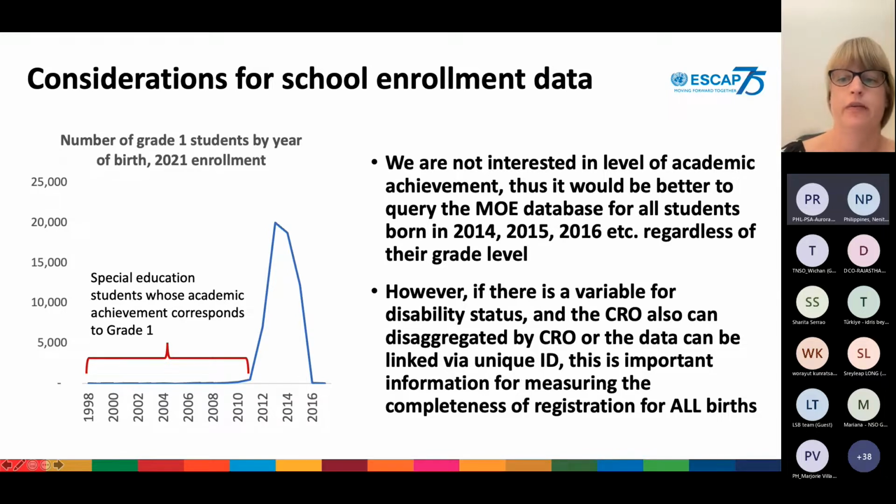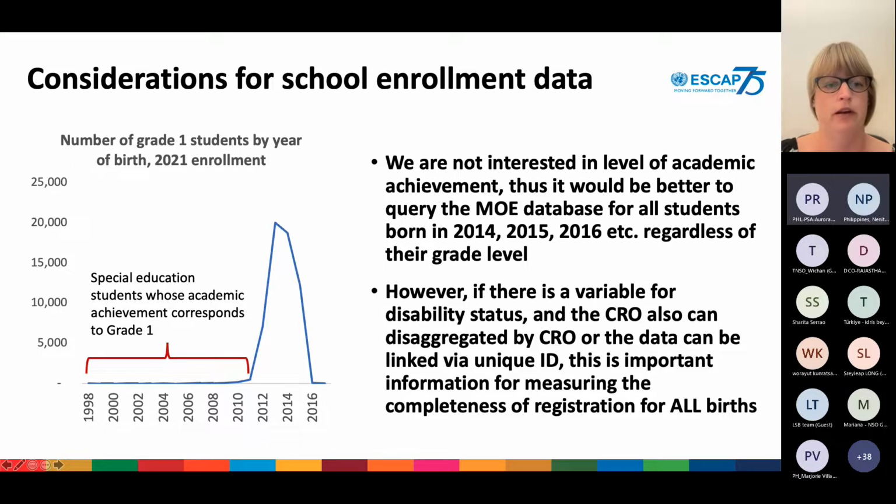So in this case, it might make sense for us to query the database by year. So say we want all students enrolled that were born in 2014 or 2015. And so hopefully the Ministry of Education database has the date of birth of these students, and they're able to pull this information that way.